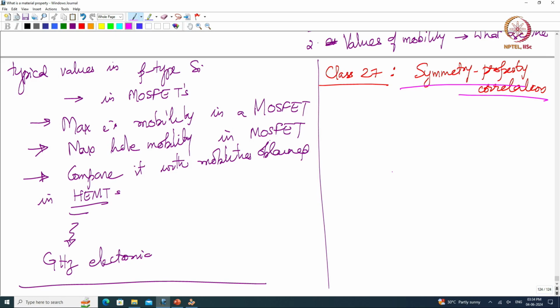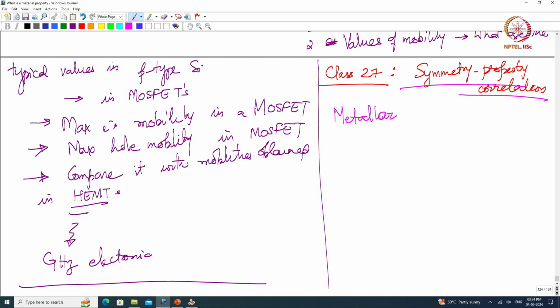Okay, all right. So before starting what are called symmetry-property correlations or structure-property correlations, let us look at a couple of other structures which are also very basic structures. We have to do justice to metallurgists also, right.